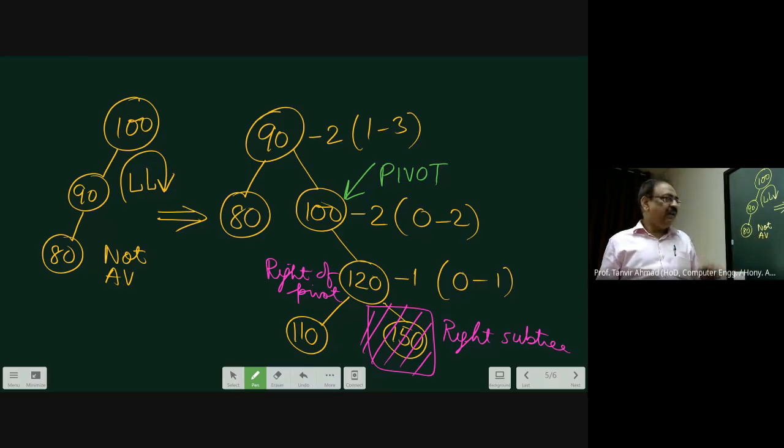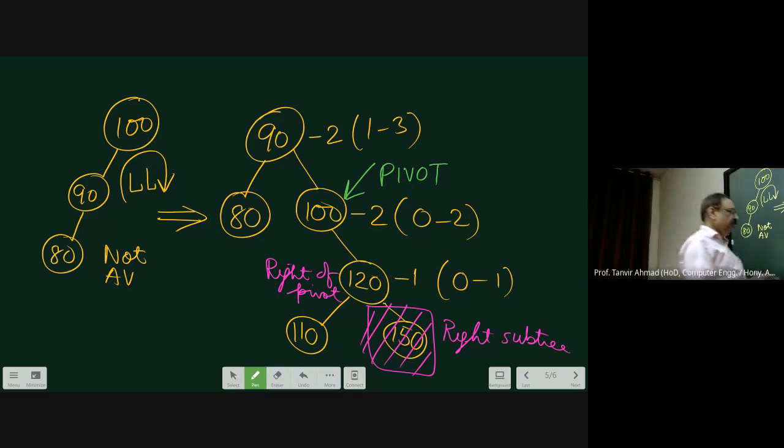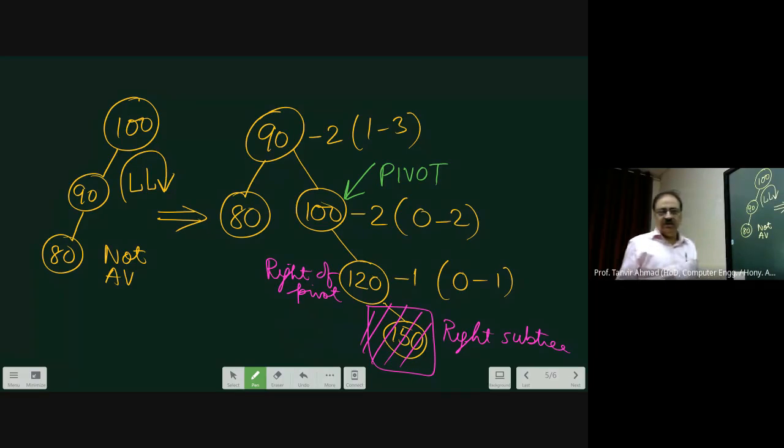Now, once I get this, you have to perform the rotation which is called RR rotation. Now, RR rotation will take place by putting a right to right rotation. Therefore, I am just going to do it over here.